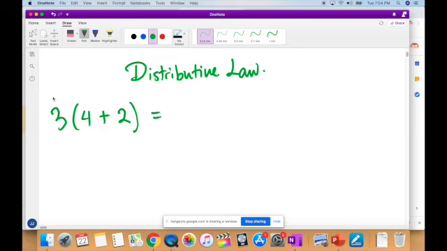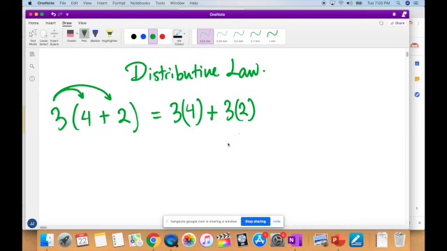So therefore, I will have 3 multiplied by 4, and then I will also have the 3 multiplied by plus 2. So because it's a plus 2, I will end up with a plus over here, 3 times 2.